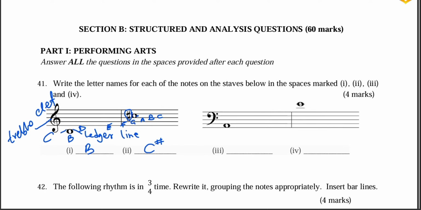On the other side, we have a bass staff because of this sign here, which is a bass clef. When a bass clef is put on a staff, that staff becomes a bass staff.